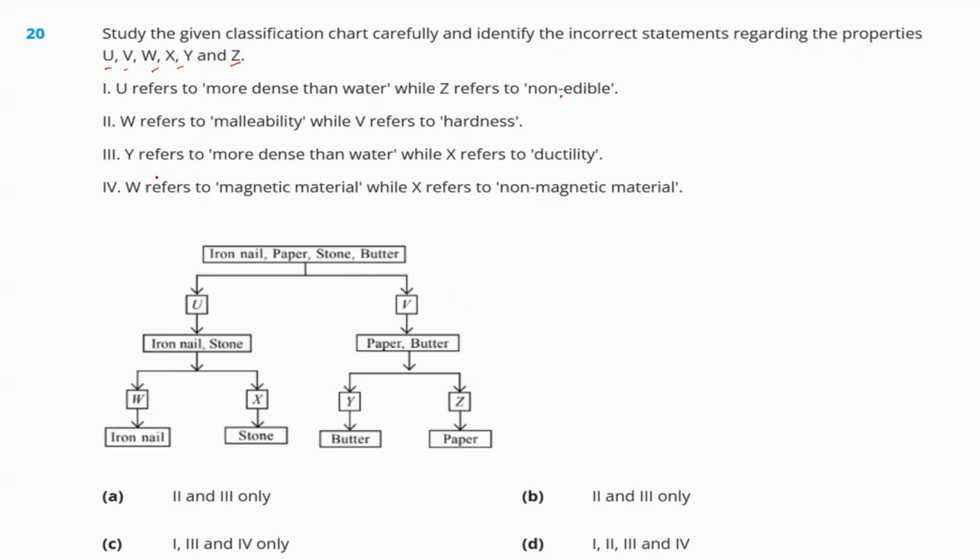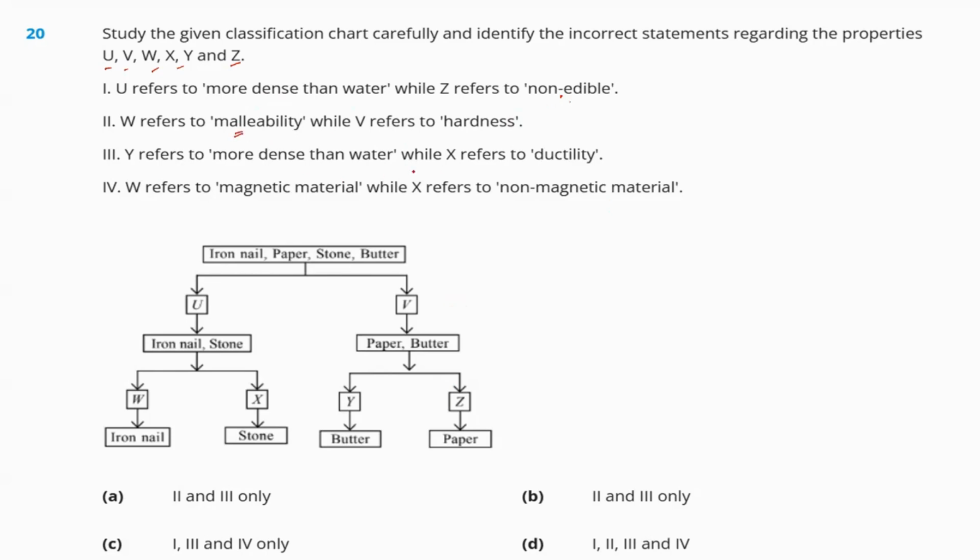Okay. Y refers to more dense than water, while X refers to ductility. W refers to magnetic material, while X refers to non-magnetic material, right? So we know here the properties. Denser we know, non-edible, edible we know.